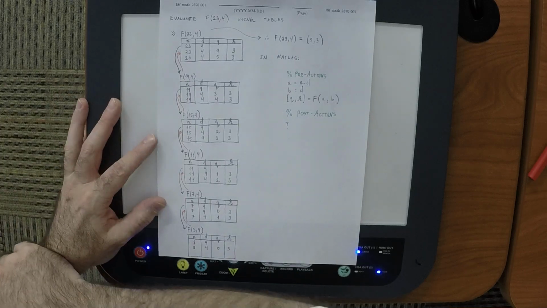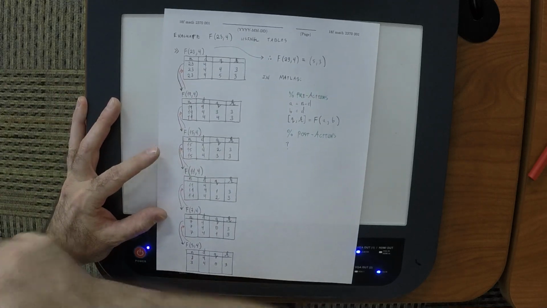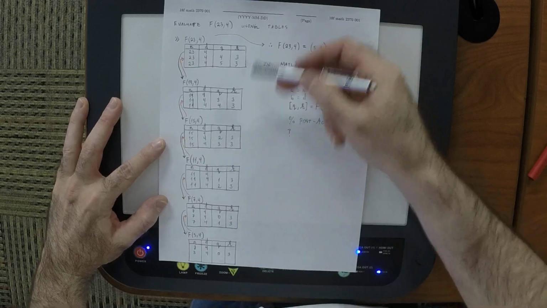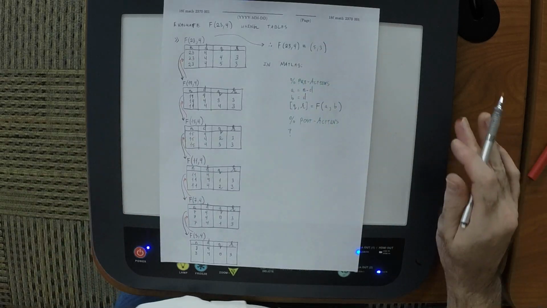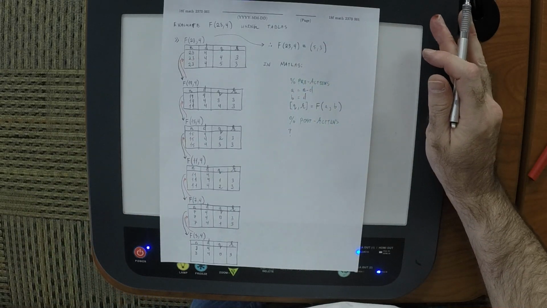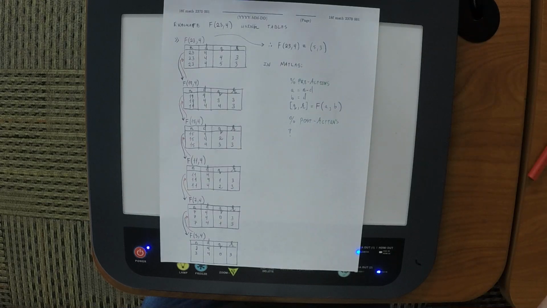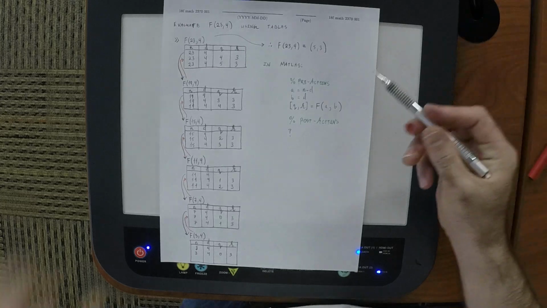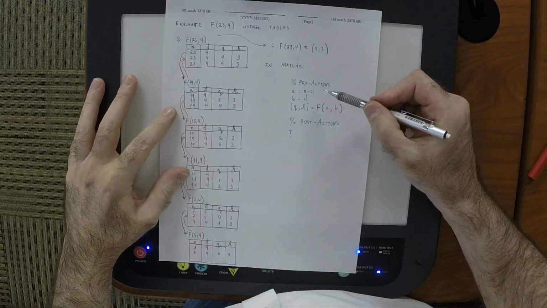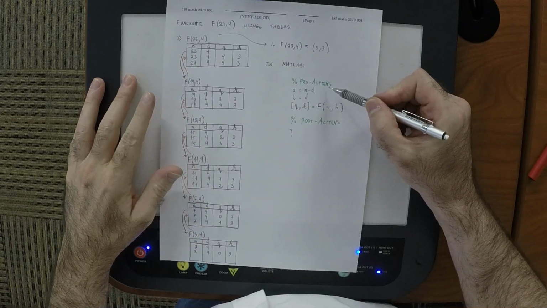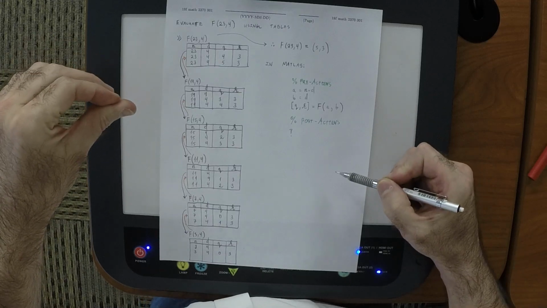Okay, so specifically the difficulty of this function, both from the point of view of computing with pencil and paper, and from the point of view of writing a MATLAB function. All of the MATLAB functions that we've done so far, there has either been only pre-actions or only post-actions.